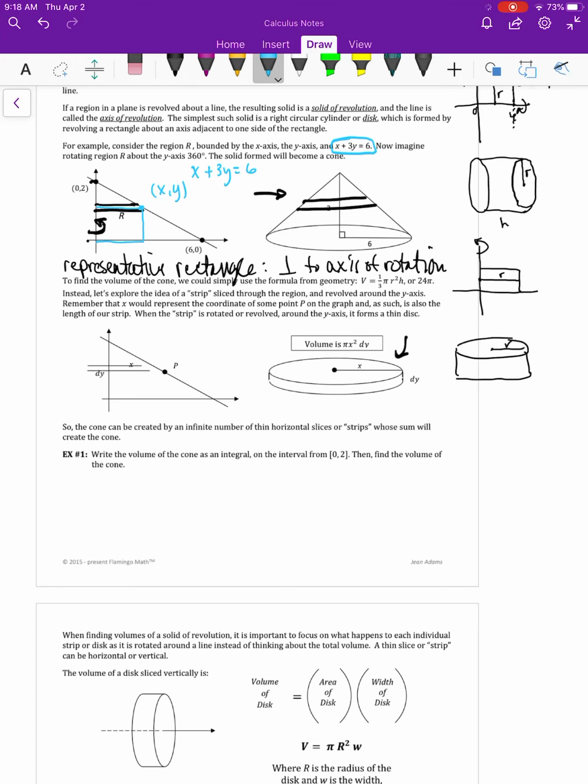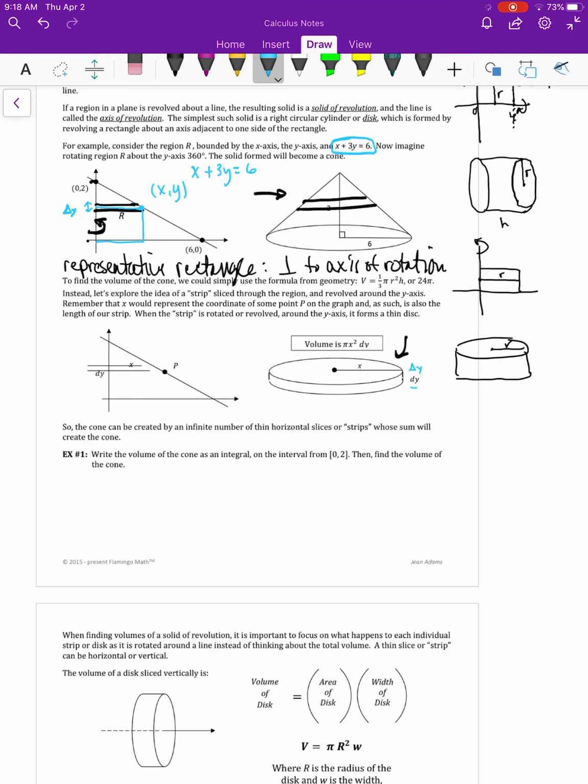So you can see that this distance along your representative rectangle is the x of it. You also can see that the width of it is a delta y. That's a change in y. That's the width of your rectangle, see how that's dy? So that's delta y. It's going to turn into dy when we make it an integral.